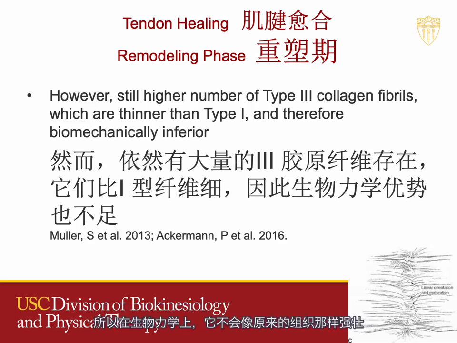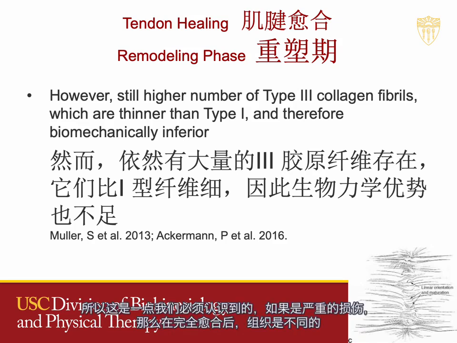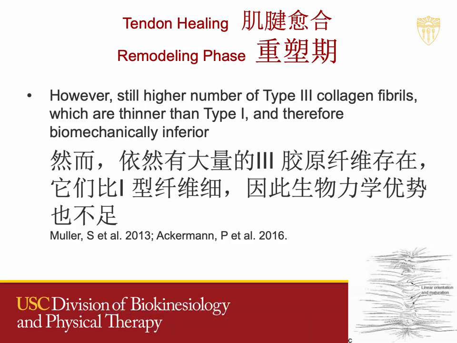So it's not going to be quite as biomechanically strong as the original tissue was. So that's a frustration. We have to recognize, if it's a significant injury, that the tissue is going to be different after it's completed its healing process.